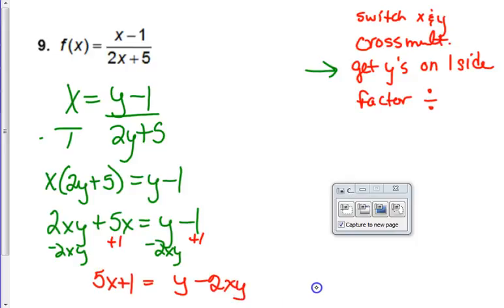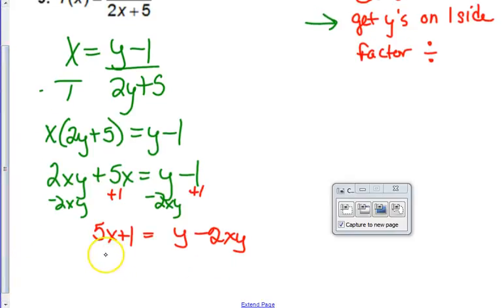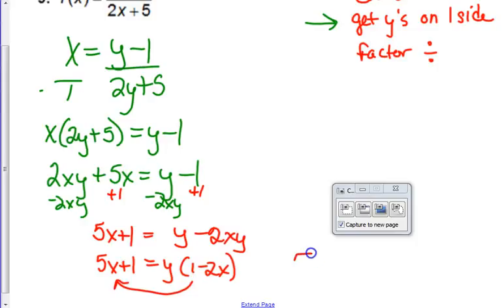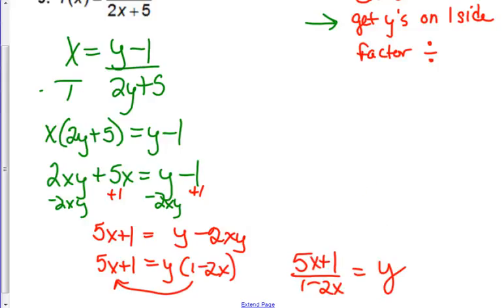Then what? Factor out the y so that we only have one y. We don't want a y in 2 places. And then I have to divide this guy over here. So I get 5x plus 1 over 1 minus 2x. Now, guys, you have to know everybody's answer is not going to look the same.